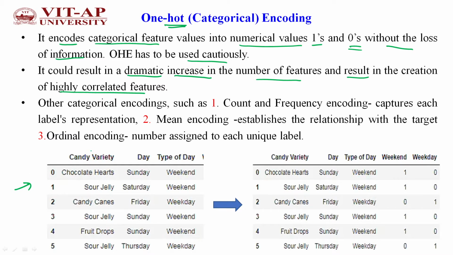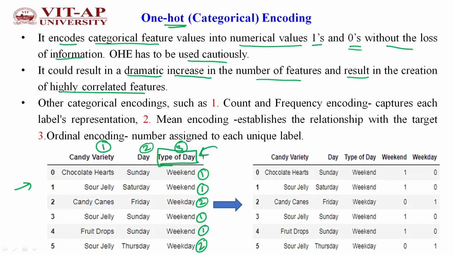Here we have feature number 1, candy variety, feature number 2, day, and feature number 3, type of day. I am going to apply one hot encoding to feature number 3. This feature has two different values: weekend, weekend, weekend, weekend is one type of value, and weekday, weekday is the second type of value.